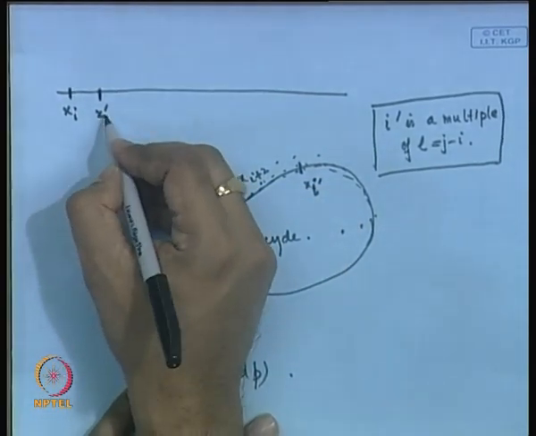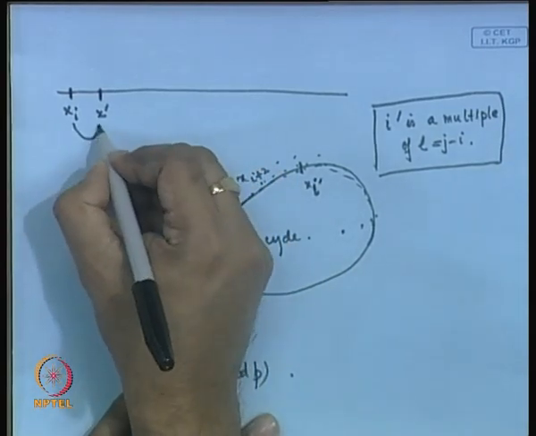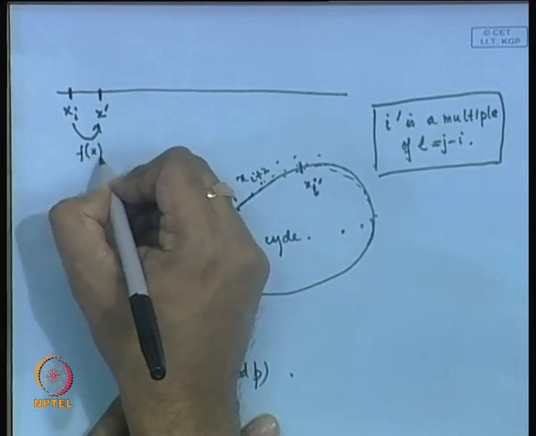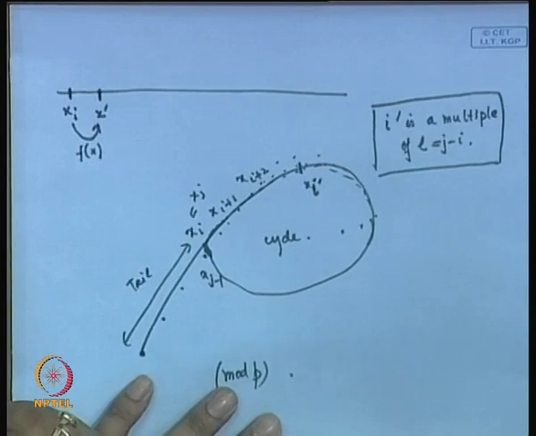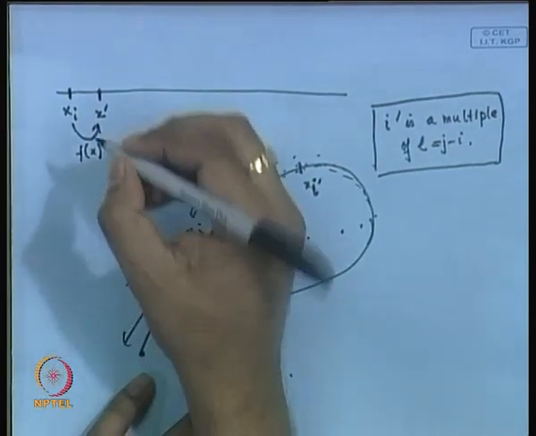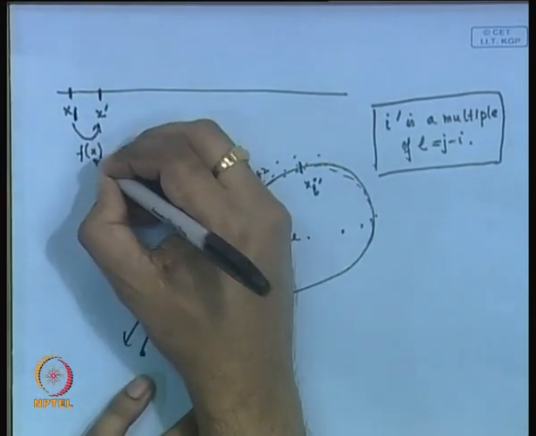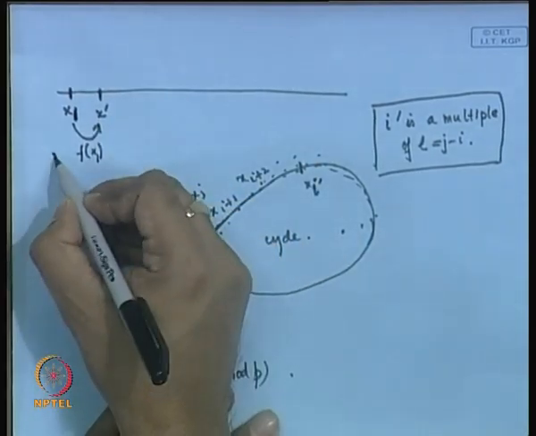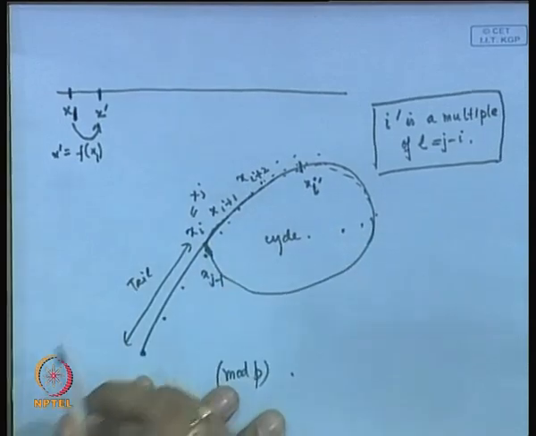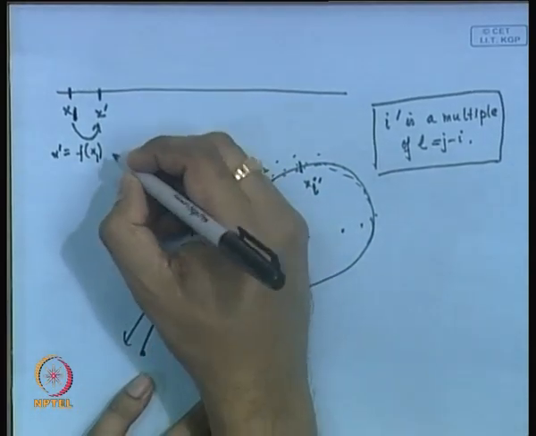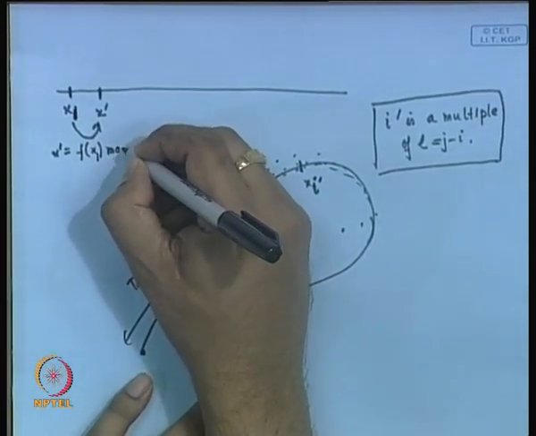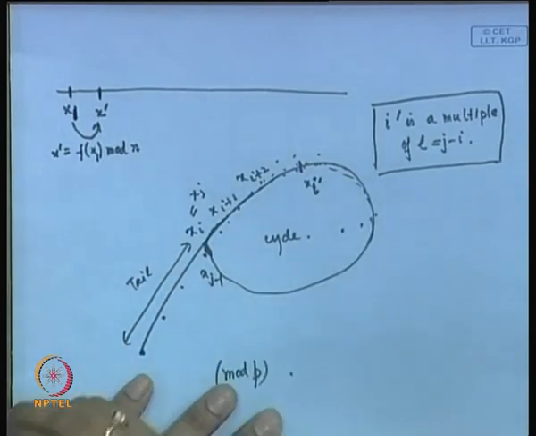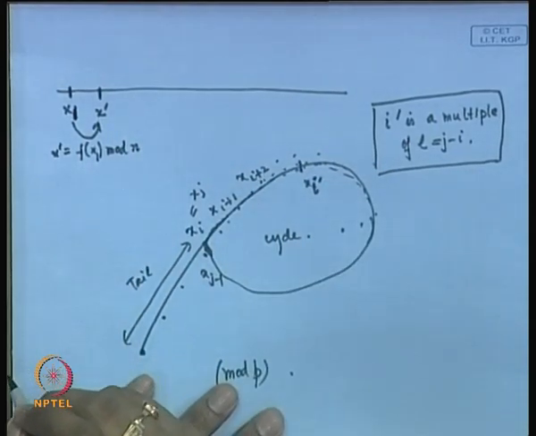How do you obtain x dash from xi? You compute the f(x) function. Okay, you can call it x1 also. So you compute f(x1) and you compute the value of x dash. So x dash is nothing but equal to f(x). And what is the modulo? Modulo n. You are computing the original function.